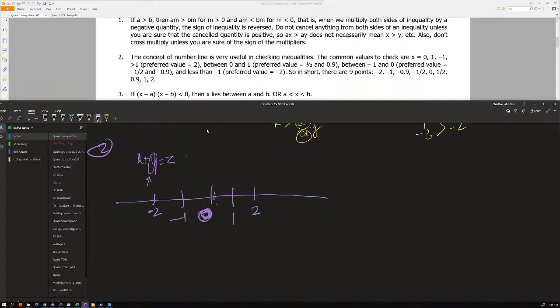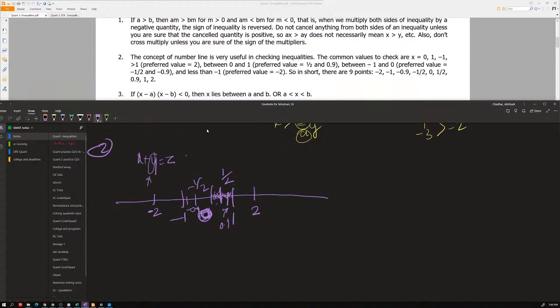We have to cover these fractional parts also, because a lot of times these fractional parts will have different properties than the actual. So for this fractional part, we always take either 1 by 2, or we might take 0.9. These are the two values. Same on the other side, minus 0.9.